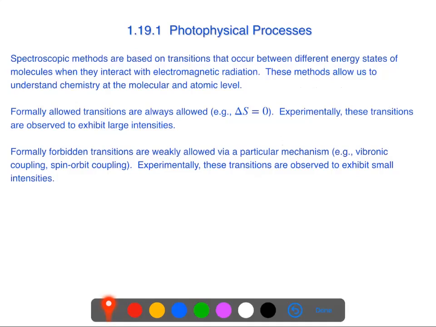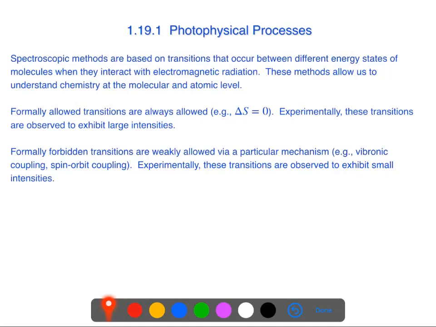In general, spectroscopic methods are based on transitions that occur between different energy states of molecules when they interact with electromagnetic radiation. These methods allow us to understand chemistry at the molecular and atomic level. In spectroscopy, we have two main types of transitions.